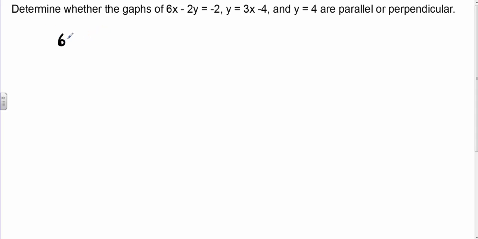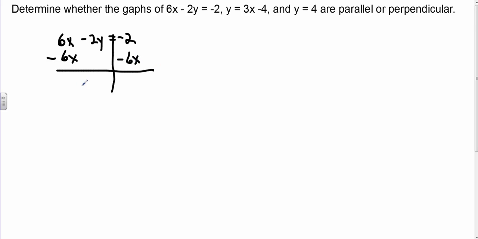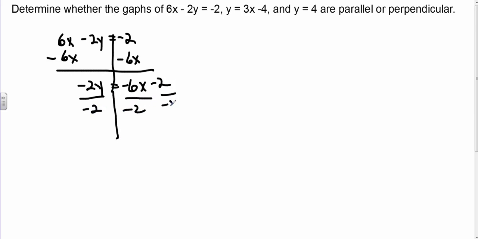So we've got 6x minus 2y equals negative 2. We subtract 6x because we want the y to be by itself. We have negative 2y equals negative 6x minus 2. Divide by negative 2 and divide by negative 2.